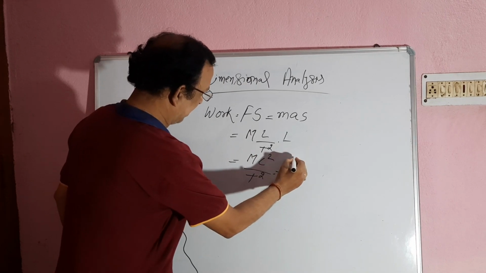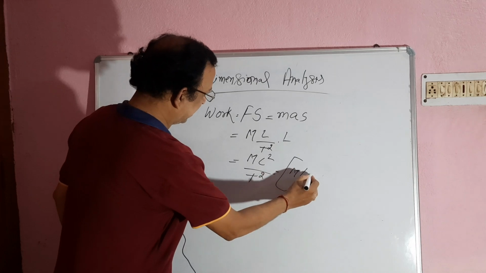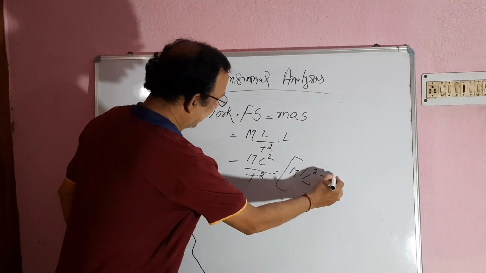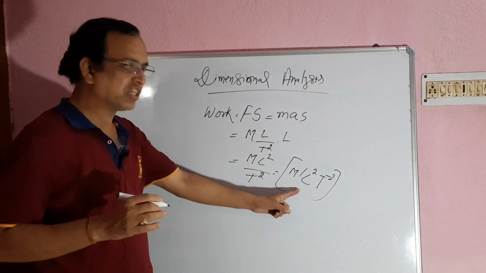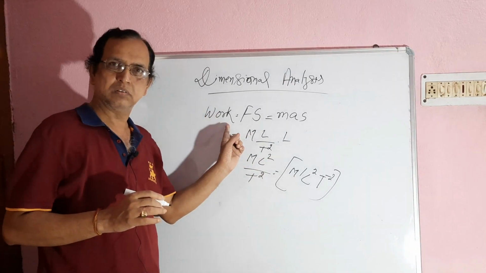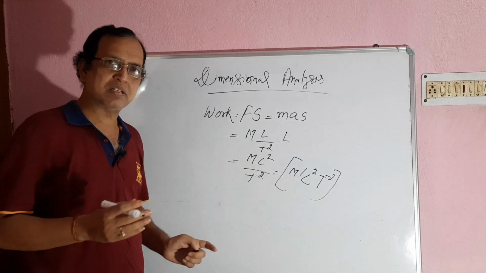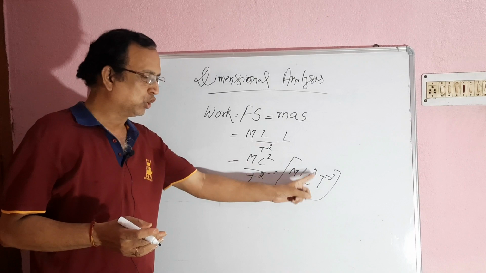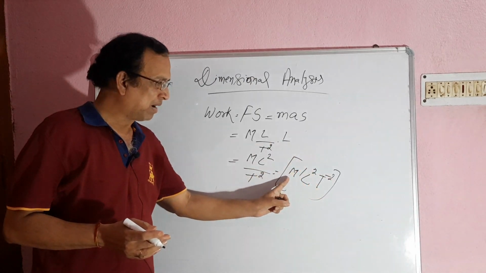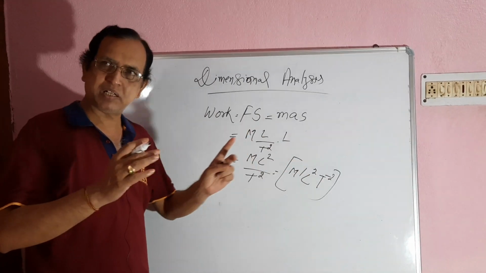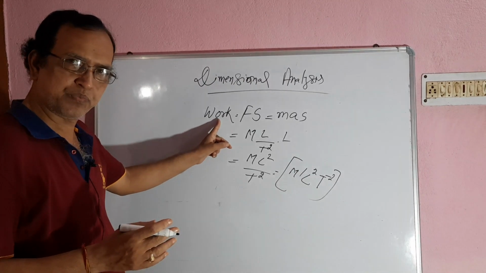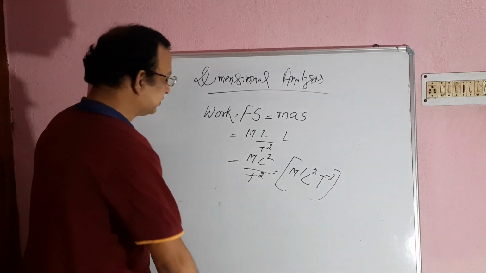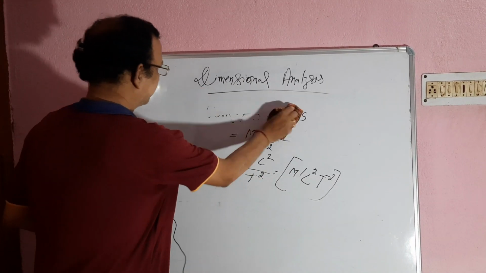So the dimensional formula is M1 L2 T minus 2. It is the dimensional formula of work. That means dimensions are 1, 2, minus 2 for mass, length, time respectively for work. Okay. Now energy.